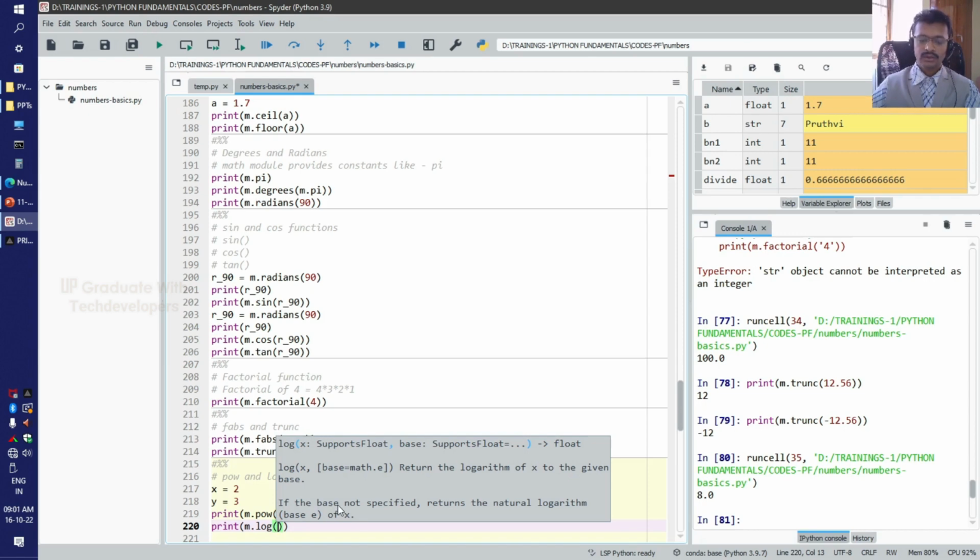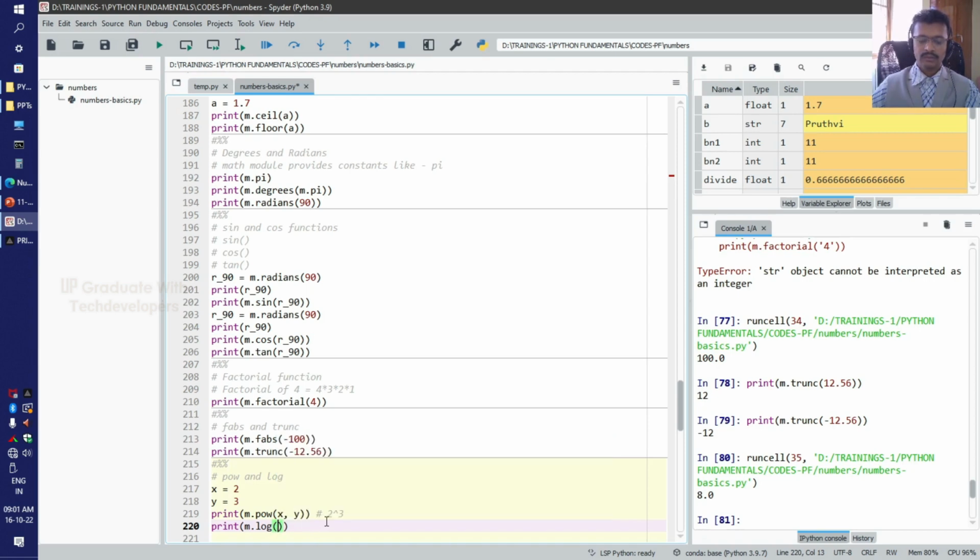If the base value is not specified, then it returns the natural logarithm of x with the base e. So e is nothing but what? The natural logarithmic value, that is e. Let us see what is e here.